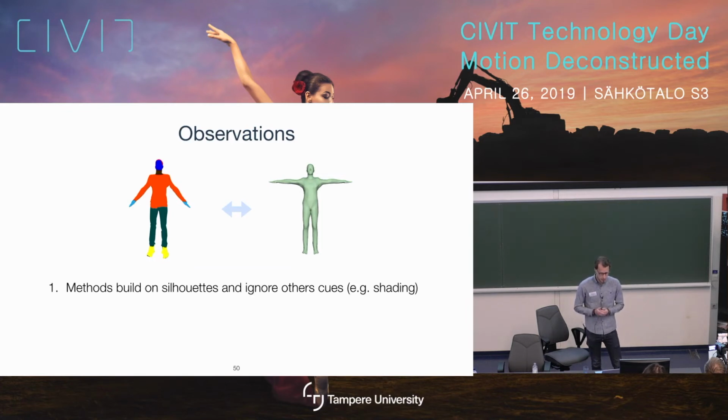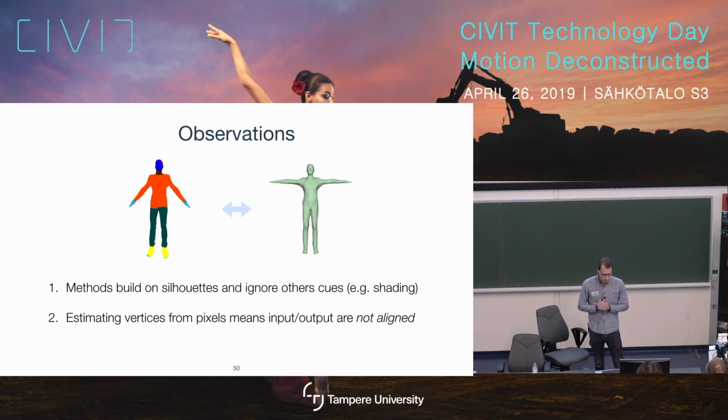So if you build your method on a silhouette, you ignore actually a lot of information. You have really good information about the outline of the person, but you ignore completely the interior. And one interesting cue is shading. So yeah, how the light changes the appearance of the shape. And this I already also told you.